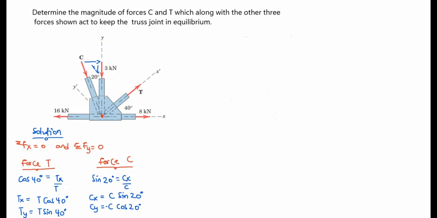Applying the equilibrium equations, for the first one, the sum of the forces in the x-axis direction is equal to 0. So we have T cosine of 40 degrees plus C sine of 20 degrees plus 8 kilonewton minus 16 kilonewton equals 0.